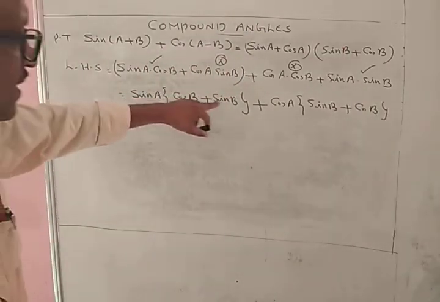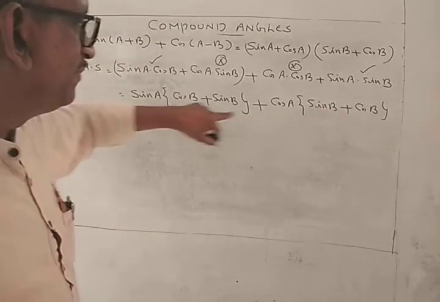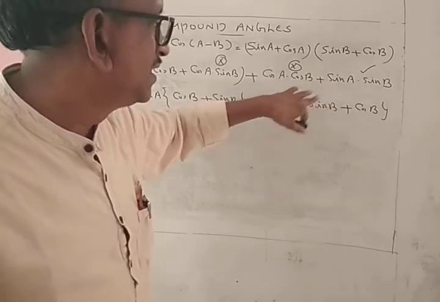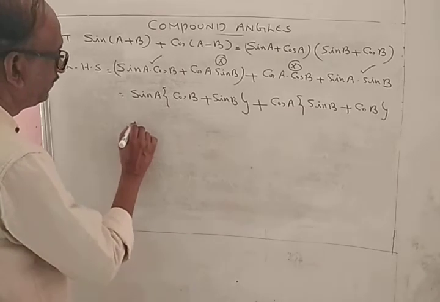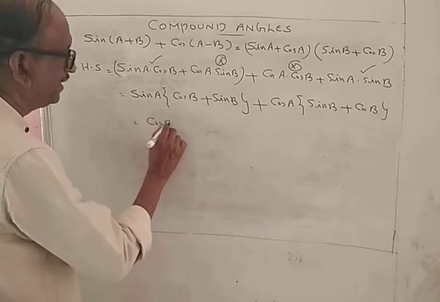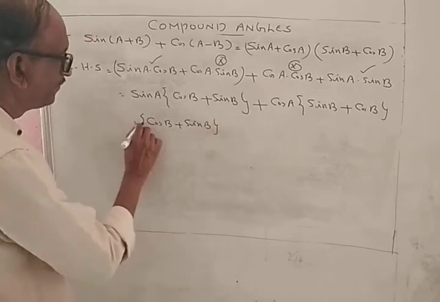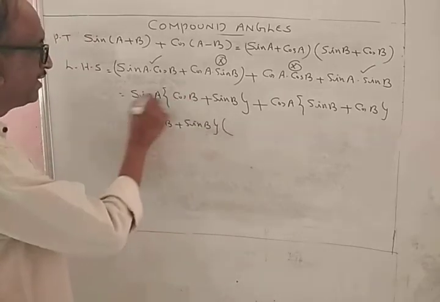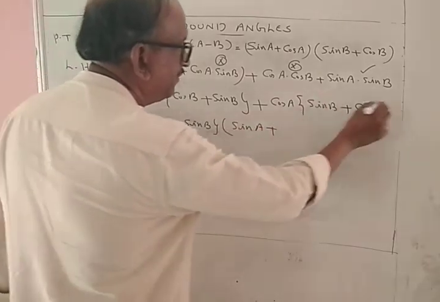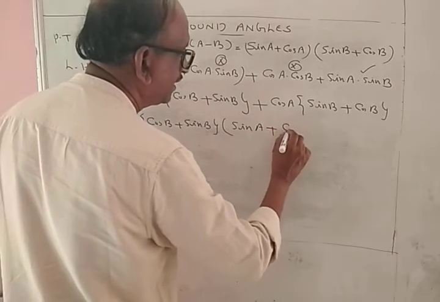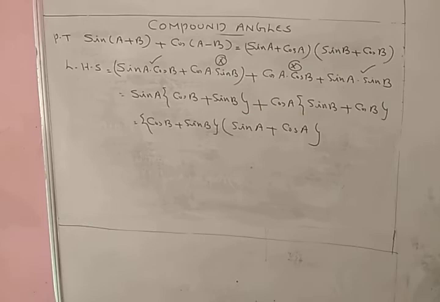Here cos b plus sin b, here sin b plus cos b, both the same. Therefore cos b plus sin b is a common factor. Take that factor outside. Cos b plus sin b into, here remaining quantity is sin a, plus cos a. This is the right hand side.